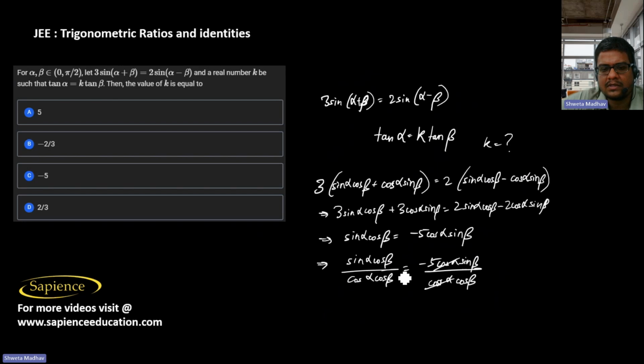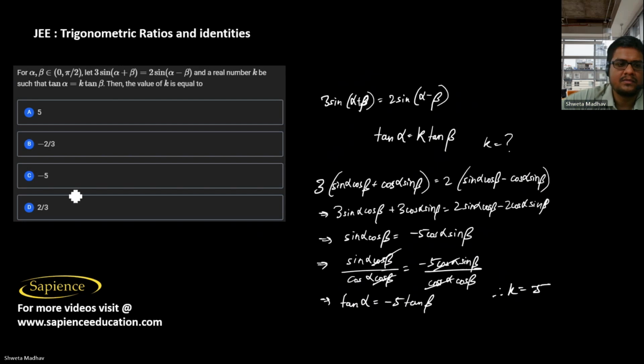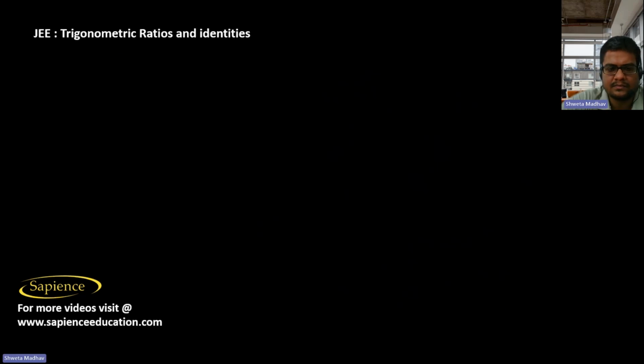So cos alpha will cancel here, cos beta will cancel here, then we get tan alpha equal to minus 5 tan beta. So the value of k is minus 5. So option C is the correct answer.